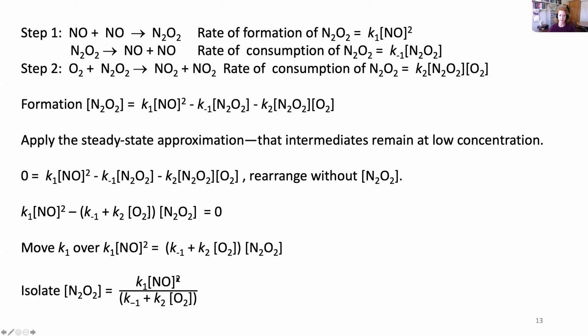So with this in hand and this being our rate, now all that's left to do is take this expression, let me circle it for you, and substitute it in here for N2O2. This will now express the rate of formation, basically.